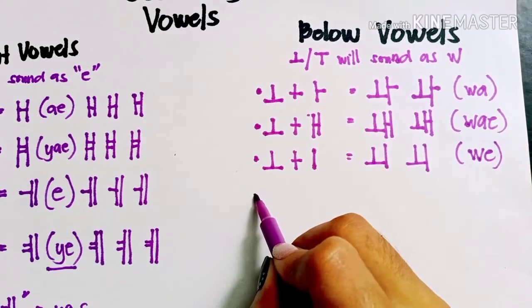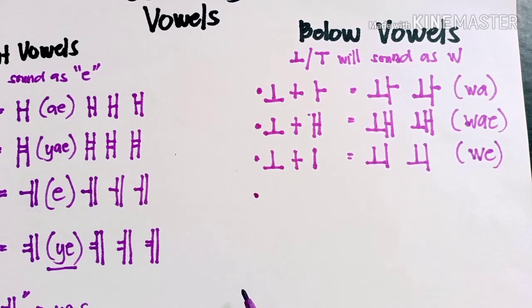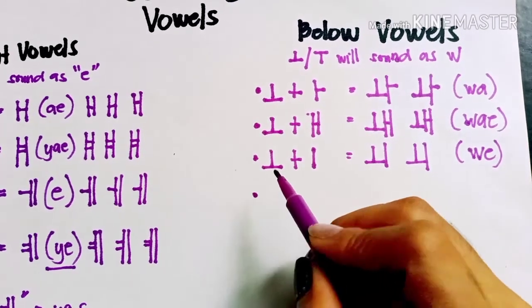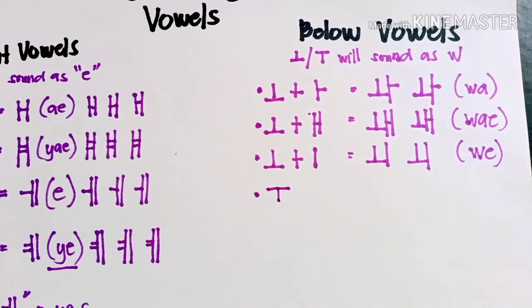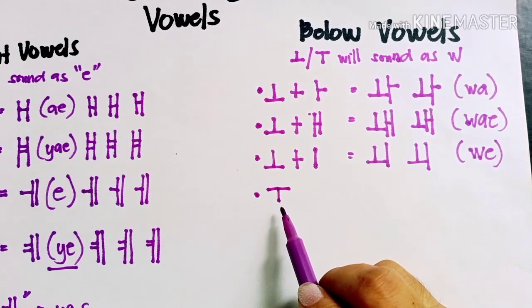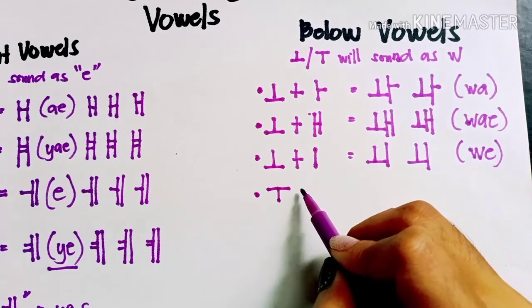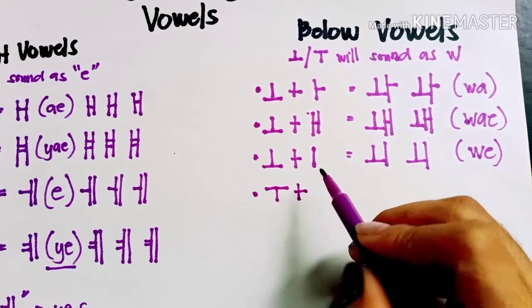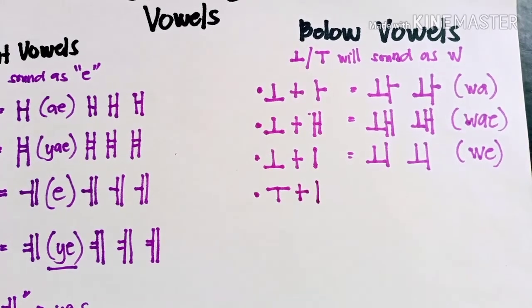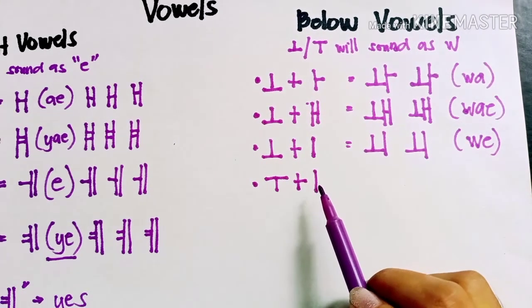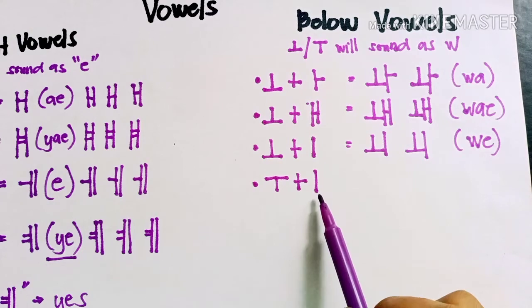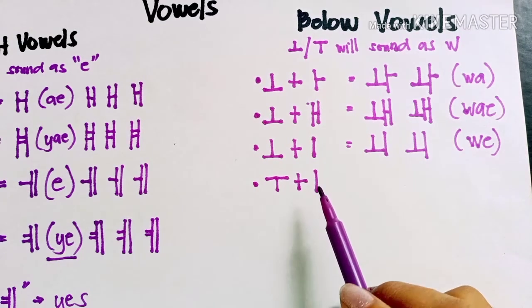Another one is the vowel U. Also, our rules apply here. It will become W plus E. This one will sound as E, as in primary vowels.